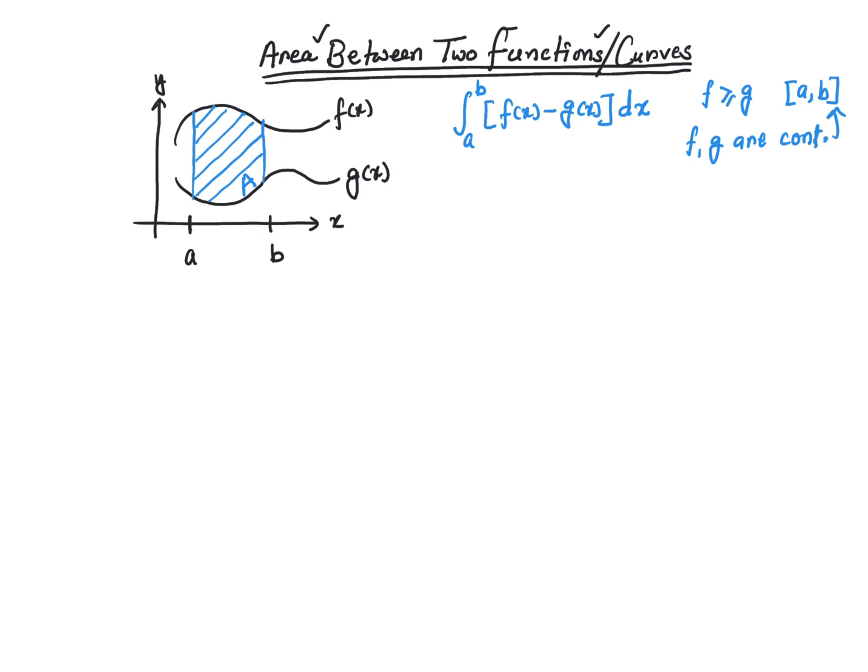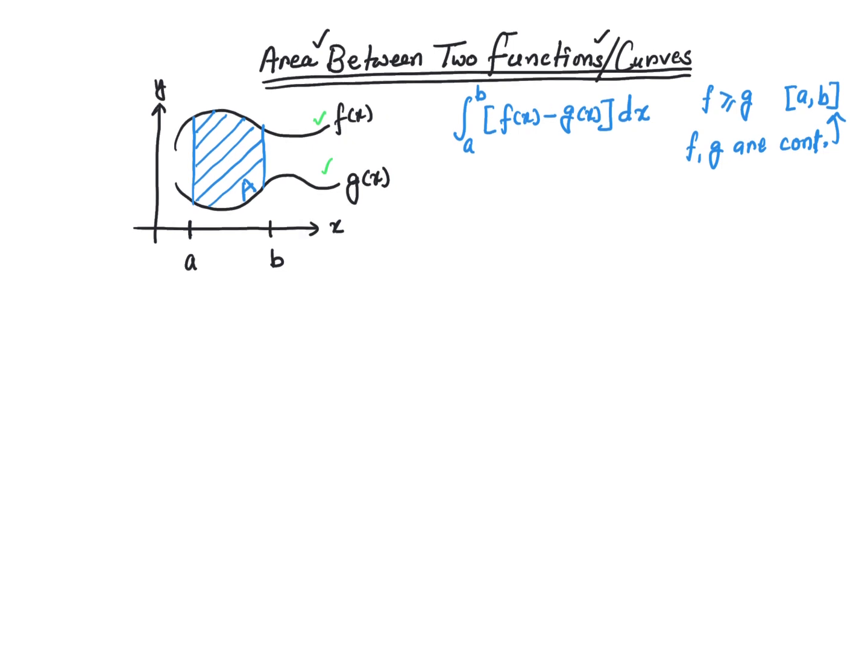If I am trying to find the area between this curve and this curve, remember, if you take the integral from a to b of f of x dx, it gives you the area between the curve and the x-axis. So this integral is going to give you the blue shaded region and the green shaded region.